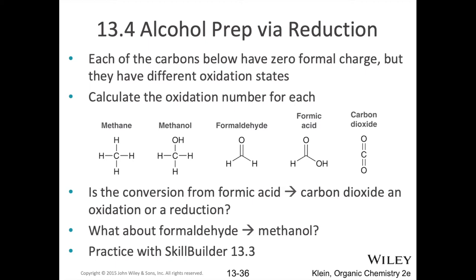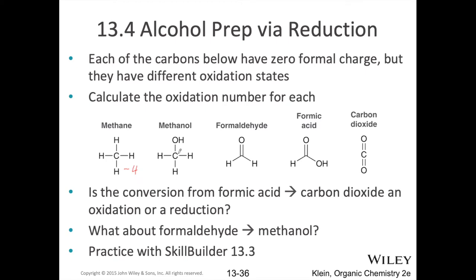various types of molecules, as we change the number of bonds to oxygen in our molecules, right? So if we look at methane here, carbon has only bonds to hydrogen, so it would actually have a -4 oxidation number here. Okay, so that's -4 on the carbon.